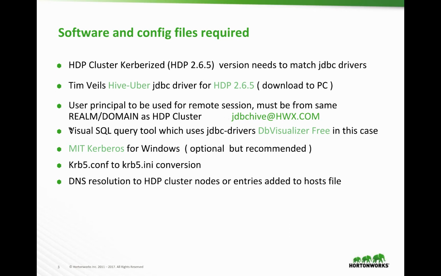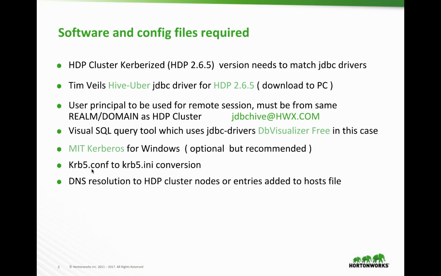The visual query tool on Windows, we will use the DB Visualizer free version, which does support this type of Java JDBC drivers. And this next item is optional, but very recommended. It's the MIT Kerberos for Windows. It will allow you to make sure the ticket is in place and the config file is working.